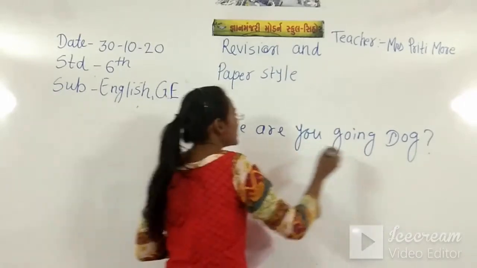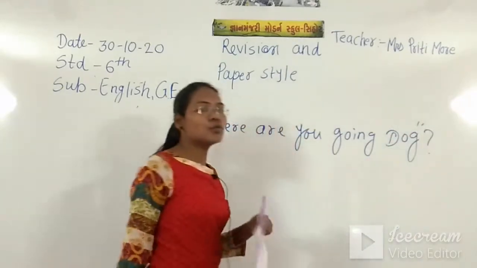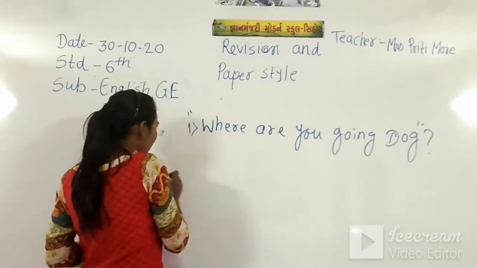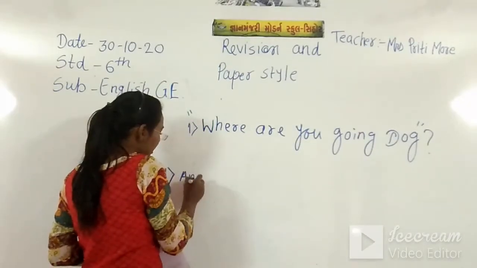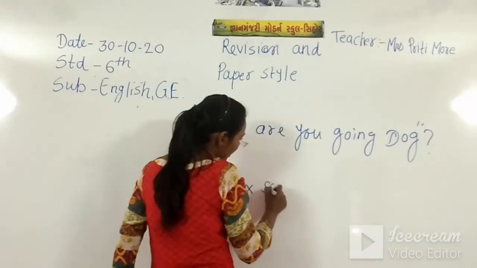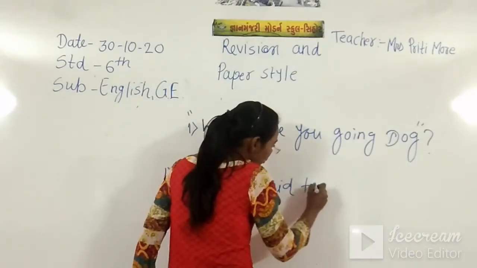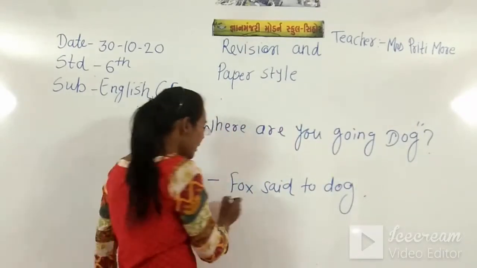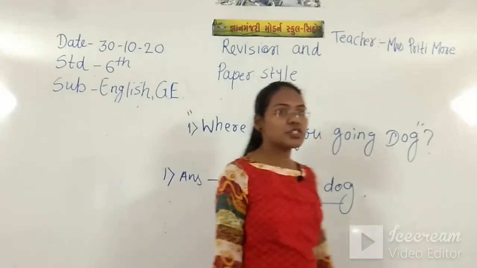Now this sentence is there. Now you have to write who said this sentence to whom. So you have to put 1 and write here the answer: fox said to dog. Like this you have to write in your answer sheet.